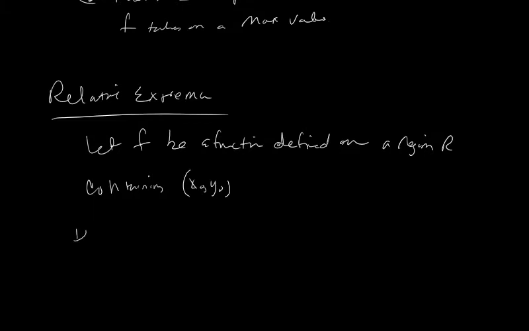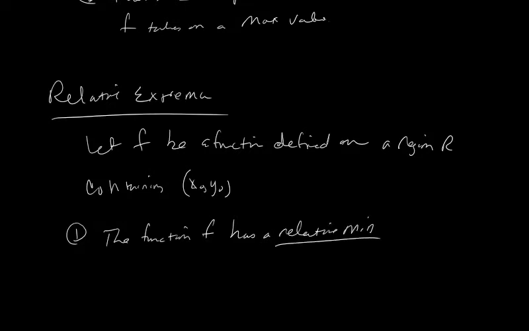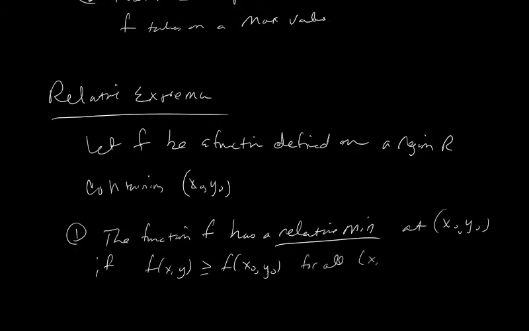Then 1, the function f has a relative minimum at x naught, y naught if f of xy is greater than or equal to f of x naught, y naught for all xy in an open disk containing x naught, y naught.